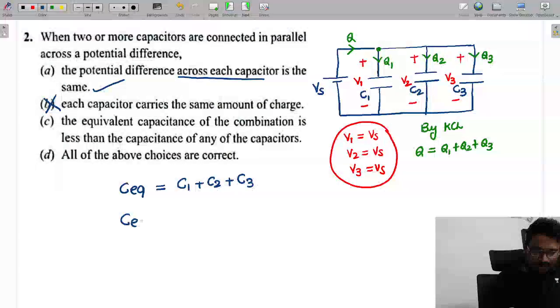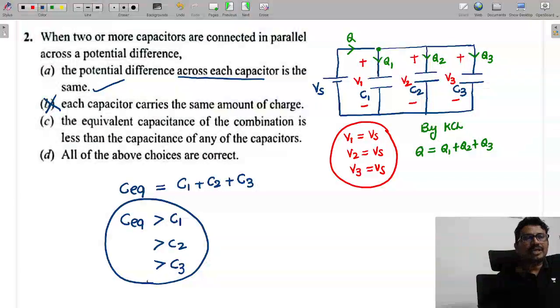So C equivalent is greater than C1, greater than C2, and greater than C3. The equivalent capacitance of the parallel combination is larger than the largest value. But the option says smaller, so this is wrong. So only option A is correct.